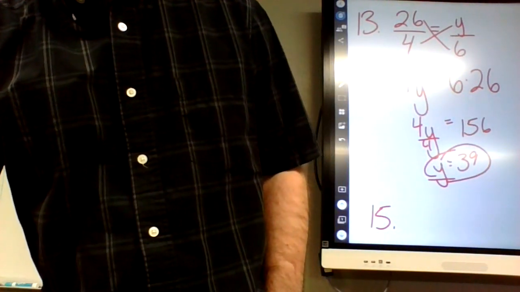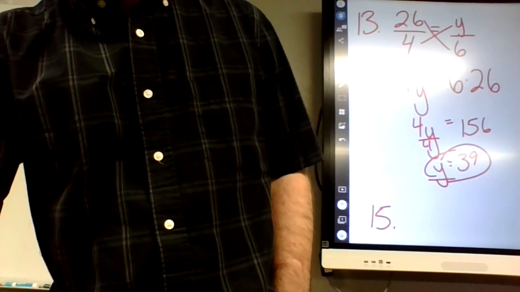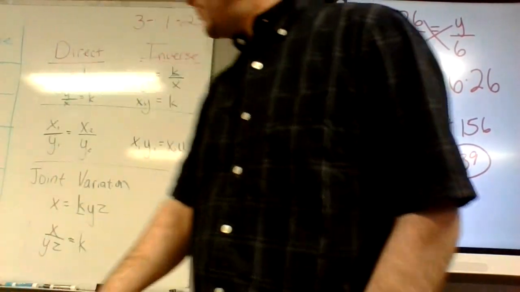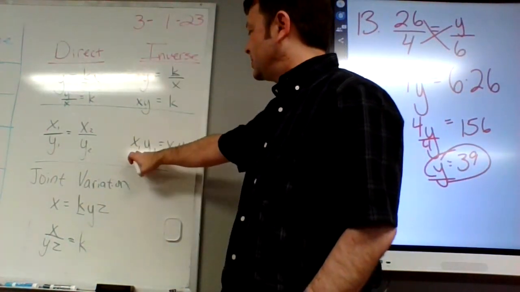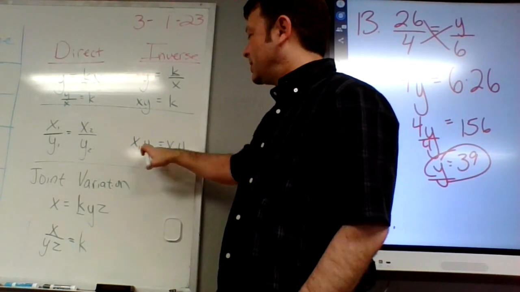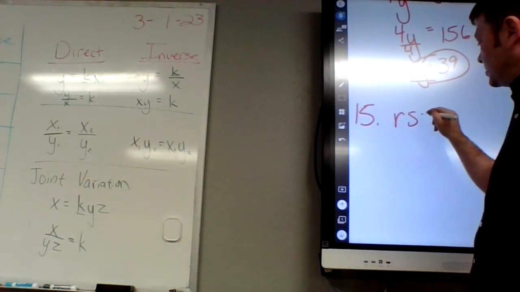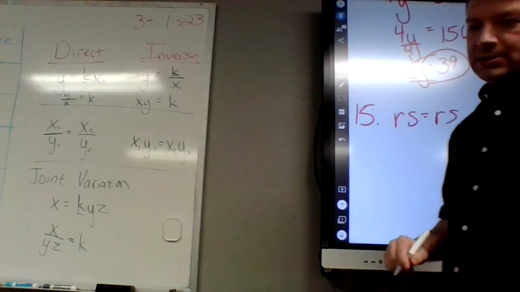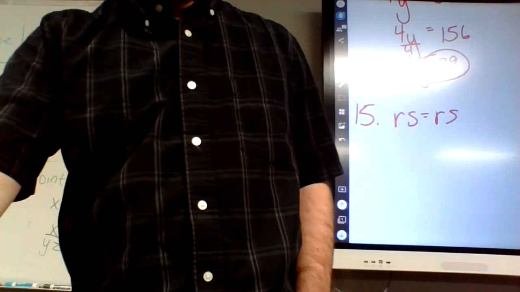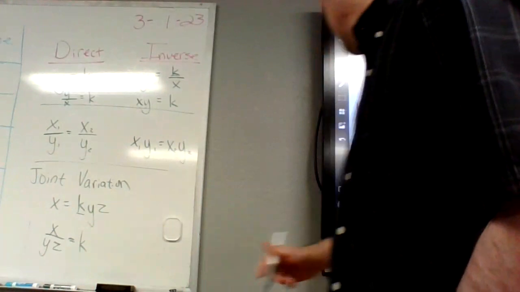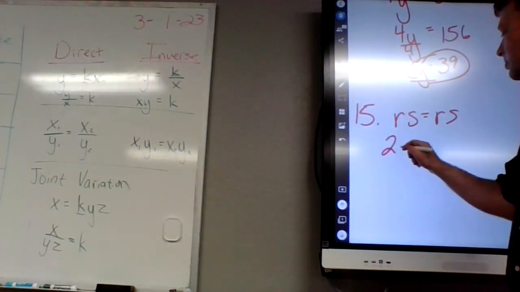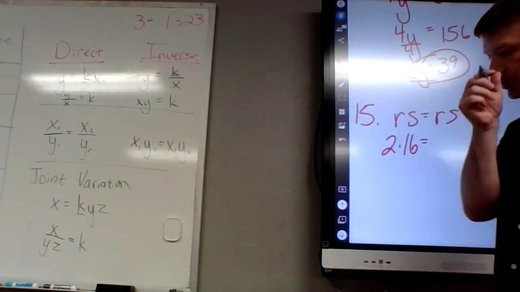Okay, number 15. R is inversely proportional to S. So if it's inversely, we're using this one. Instead of x over y equals x over y, it's basically r times s equals r times s. So s is 16 when r is 2. Those two go together.